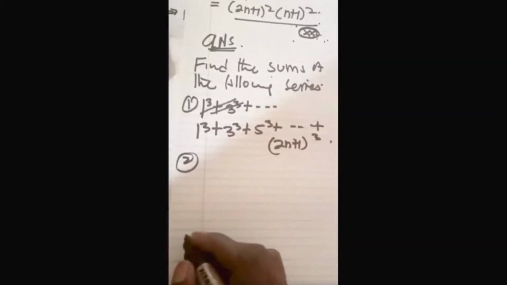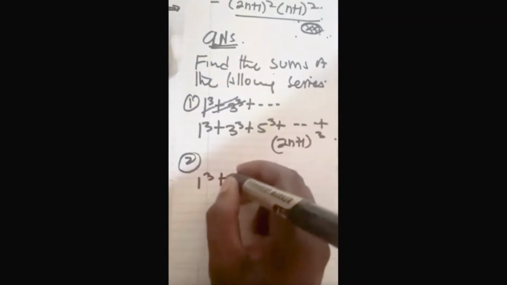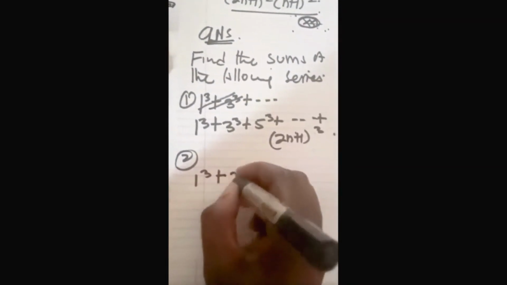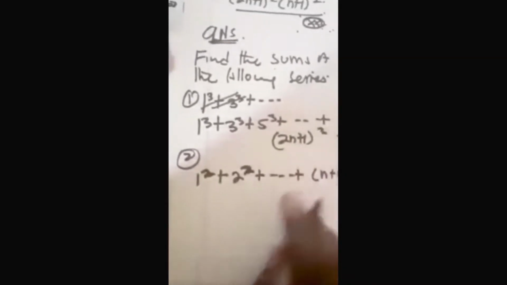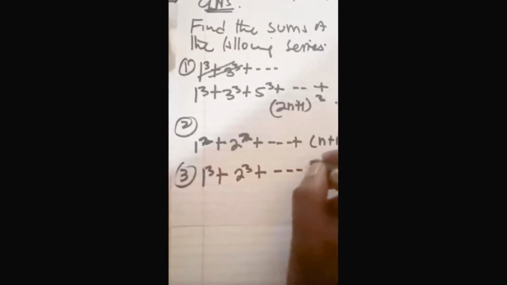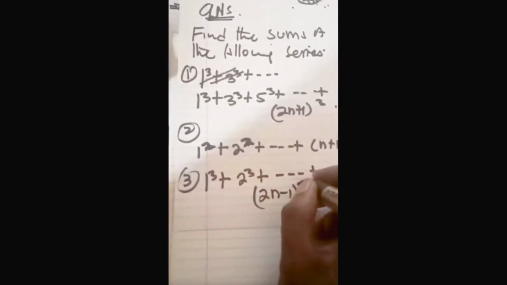Number 2: 1 squared plus 2 squared plus up to (n plus 1) squared. Another one is 1 cubed plus 2 cubed plus up to (2n minus 1) cubed.